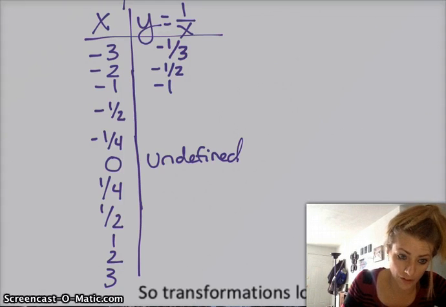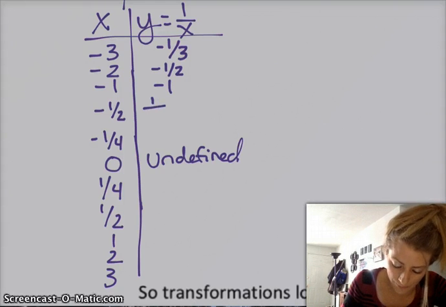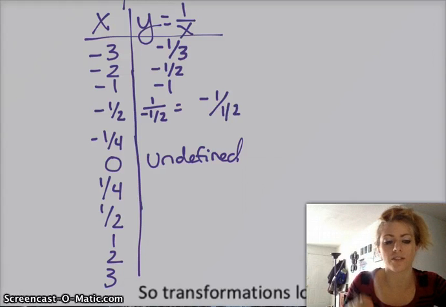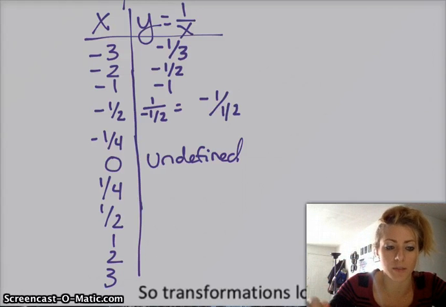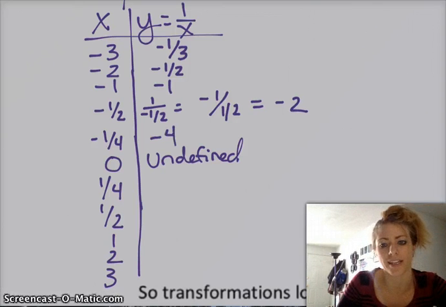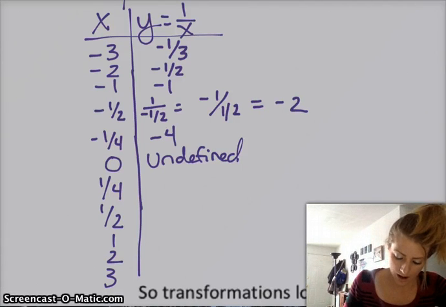Now 1 over -1/2 equals -1 over 1/2. But that is the same thing. Dividing by 1/2 is the same as multiplying by 2 over 1, right? Multiplying by the reciprocal. So this actually ends up being -2. For -1/4, same thing, similar process. You're going to get -4.